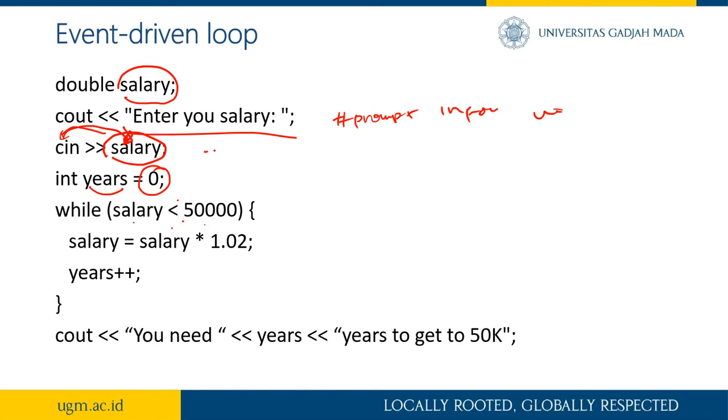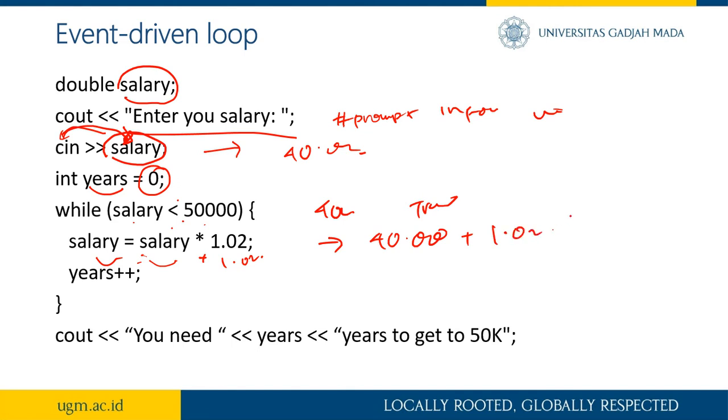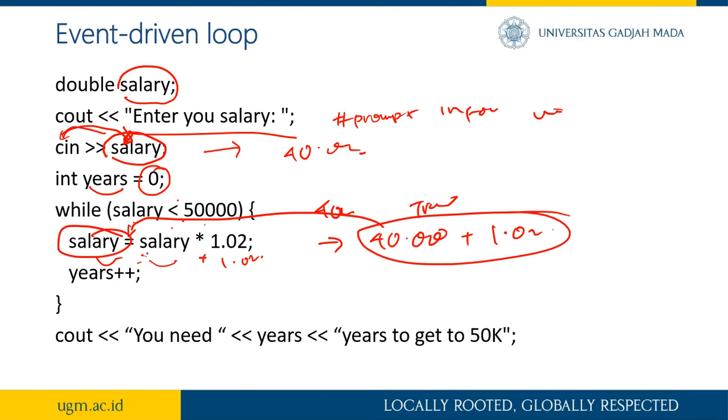While salary is less than 50,000, for example, I will input 40,000 here, so it's still 40,000, so it is true. Salary is the salary multiplied by 1.02, so that means 40,000 multiplied by 1.02, and we assign this to salary, so we get the new salary here.